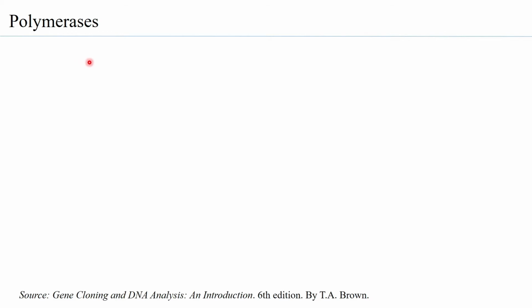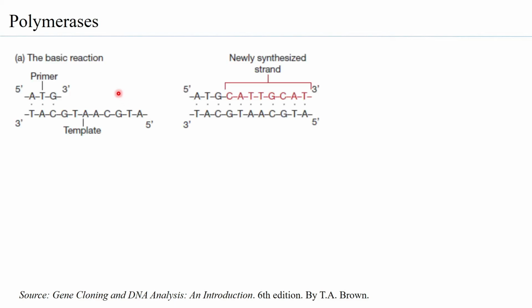So we all know what polymerases do. Polymerases are of various types, DNA pol 1, 2, 3 in bacterial systems, and of course you have a myriad number of polymerases in the eukaryotic system. And these polymerases carry out one function, and that is adding nucleotides and synthesizing a new polynucleotide using a template.